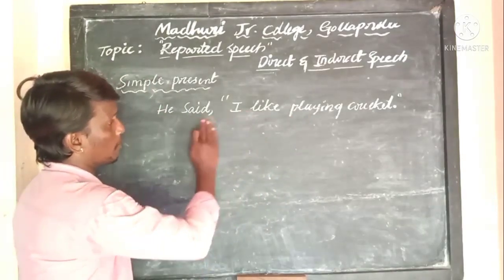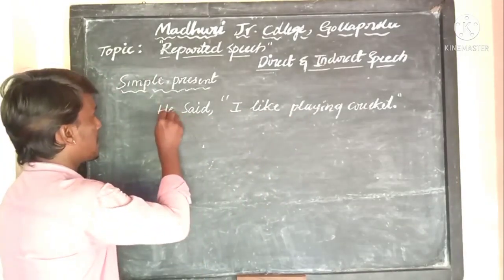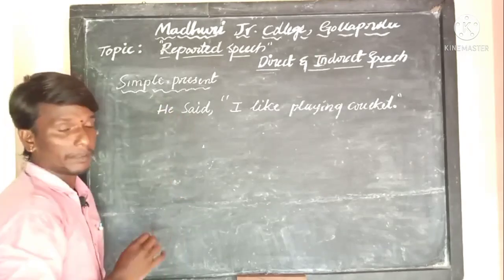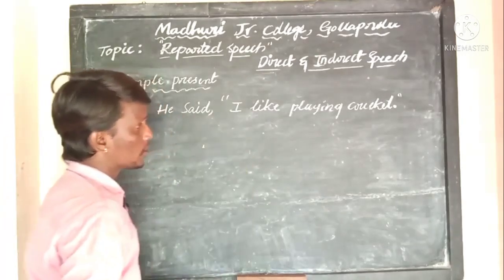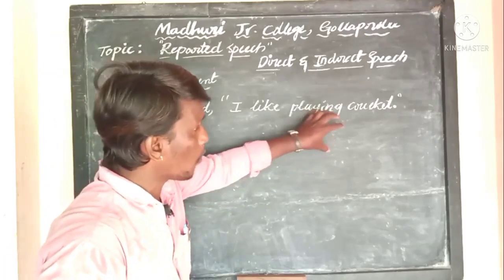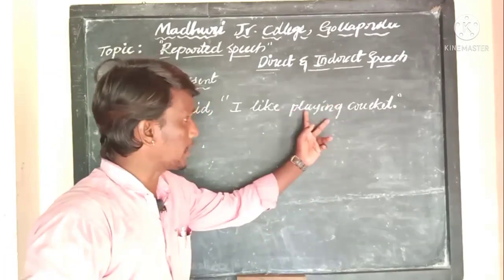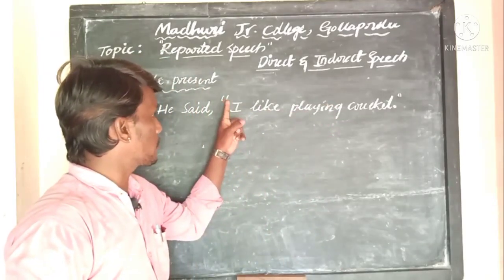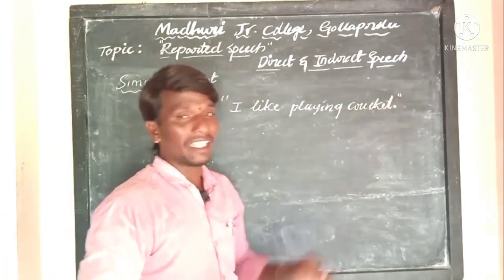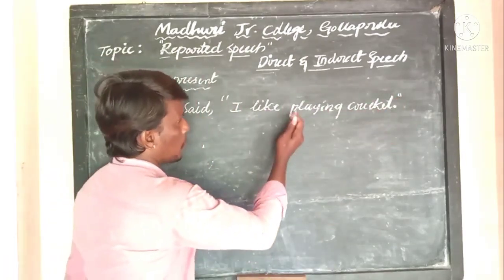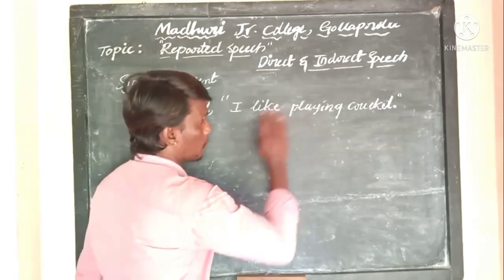So who is the speaker of these lines here? He is the speaker. So first of all, identify what kind of sentence the given reported part is. The reported part is nothing but a sentence which is included within the inverted commas.